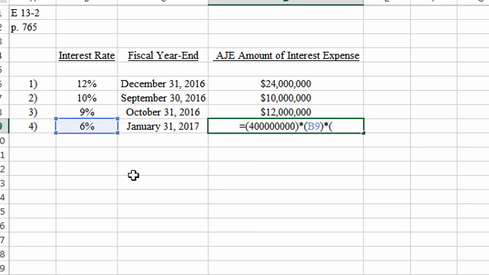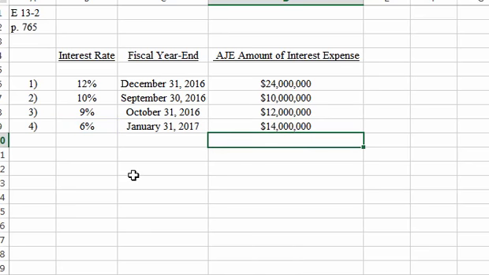Well, 6 months in 2016 and 1 month in 2017, so 7 months total, divided by 12 months in the year. And that gets us 14 million on number 4. And again, the adjusting entry would be made as a debit, of course, to interest expense, and a credit to interest payable. I'm sure this is a review for you guys.